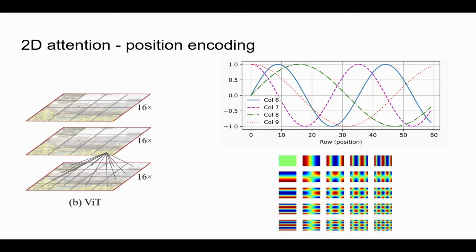You can have channels which just change in one direction or the other, and which combine them. So in 2D, the position embedding is just some kind of combination of horizontal position embedding and vertical position embedding.